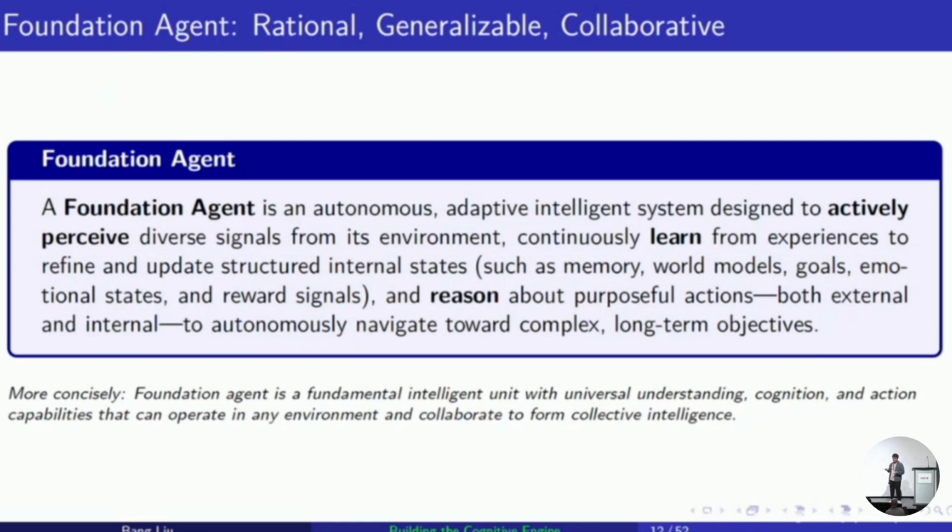So a foundation agent should have general cognitive, perception, and action capability, which enables it to complete tasks in any kind of environment. And also, they can be collaborative, working together to form a comprehensive multi-agent system, which reflects the human society structure.